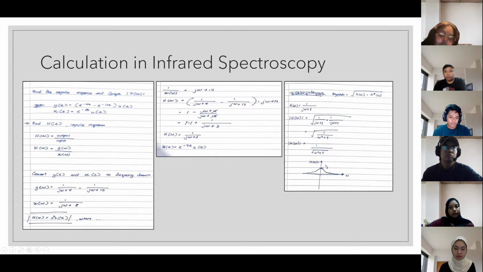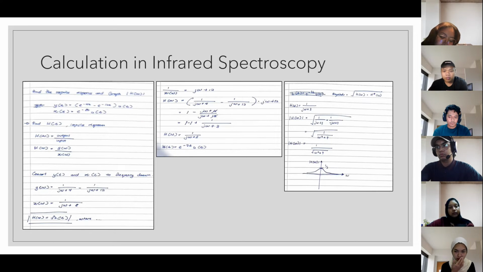Therefore, when we compare the time domain and the frequency domain, we can convert it to the time domain, which is equal to e^(-3t) u(t). So here we have found h(t).